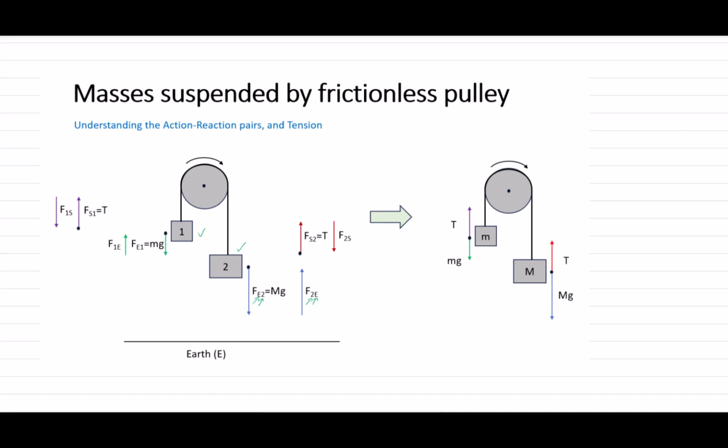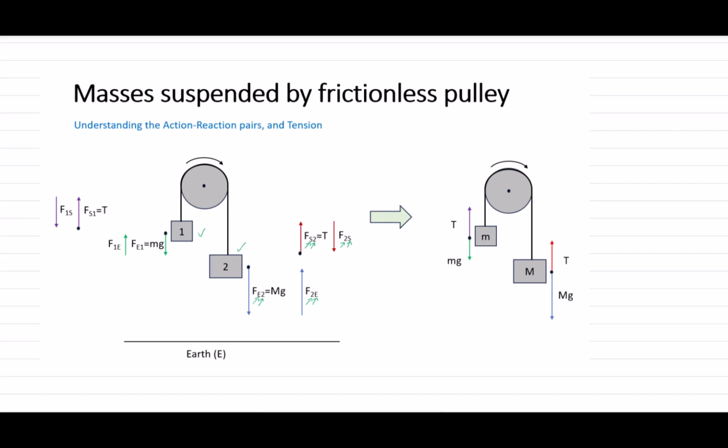Also, another pair is shown in red. The first force in that is the force by the string or the rope on object 2, and then the force by object 2 on the string or the rope. So they also together make an action-reaction pair.